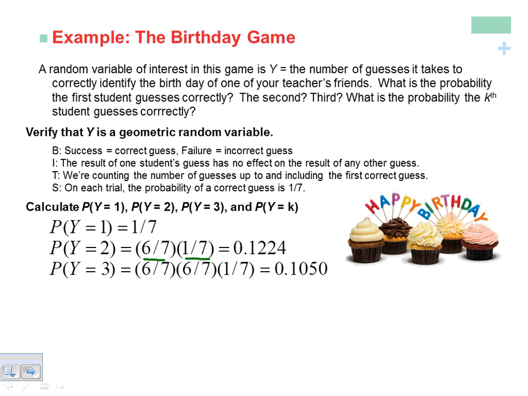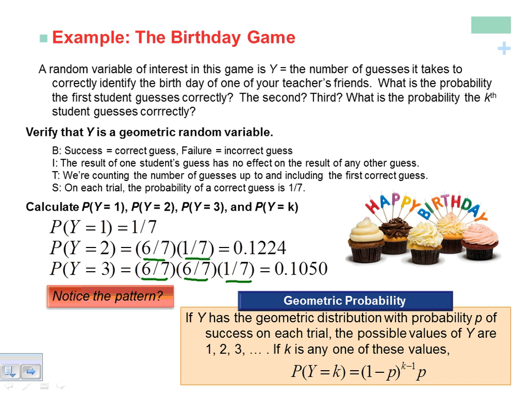Then one person got it wrong, the next person got it wrong, the next person got it right. And you can keep going, and you can see the pattern. Basically, you're going to have the probability of failure raised to the number of trials minus 1, times the probability of success. Okay.